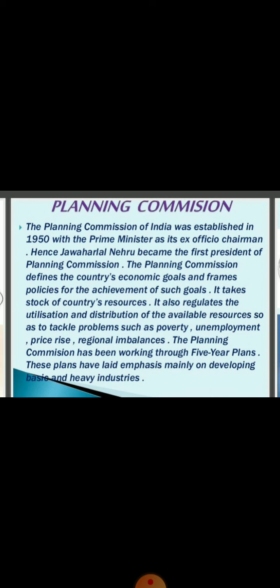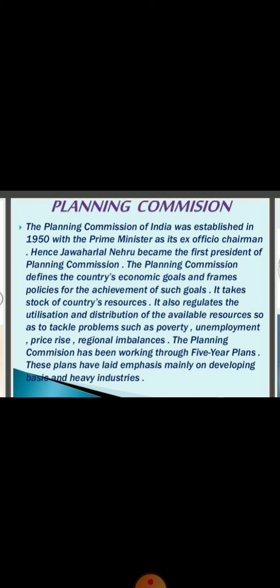It also regulates the utilization and distribution of the available resources so as to tackle problems such as poverty, unemployment, price rise, regional imbalances, etc. The Planning Commission has been working through 5-year plans.